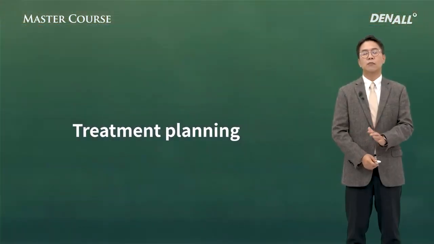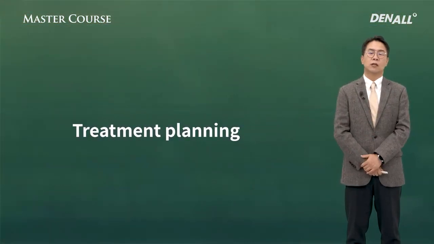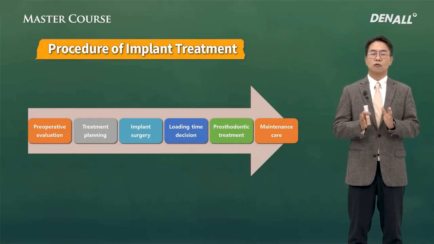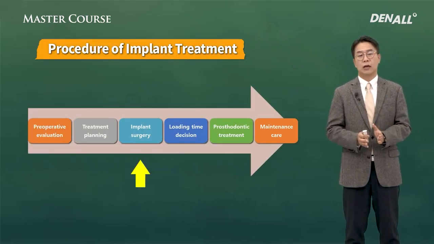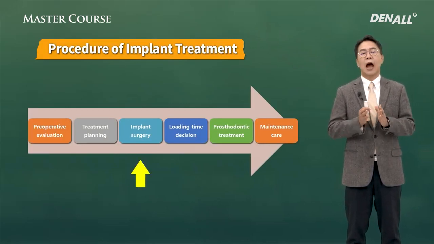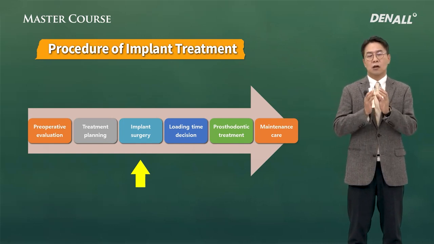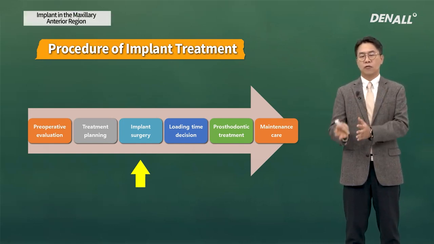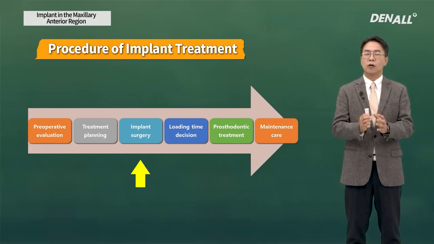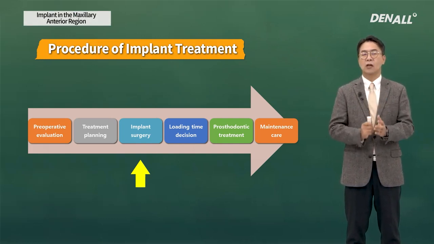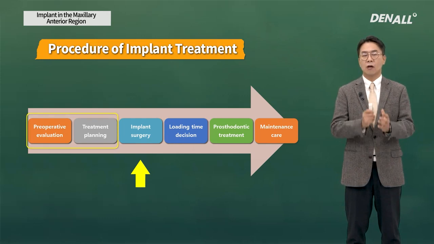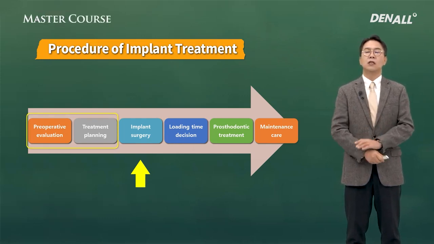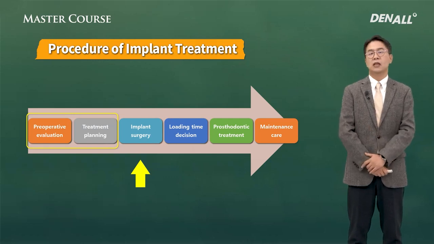So it is very important to establish the treatment plan based on the information, as I said before, rather than just focusing on implant surgery. Aesthetic analysis should be done in advance, and we need to reflect the characteristics of a patient in the treatment plan. Based on that, the surgery should be conducted to achieve a very aesthetic outcome.